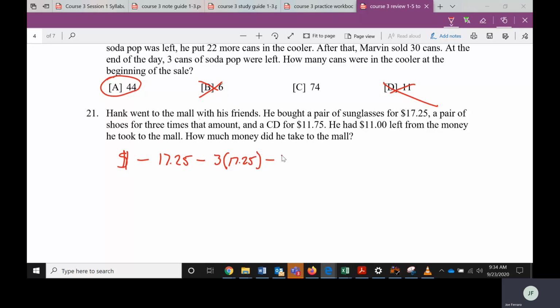And then he also bought that CD. And after all that, he had $11 left. So let's start simplifying some of this stuff. So let's take the 3 times $17.25. That's $51.75.